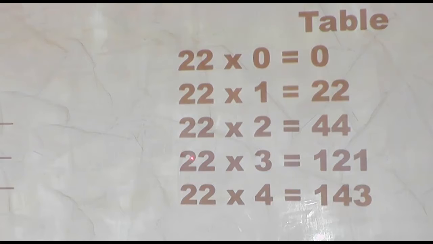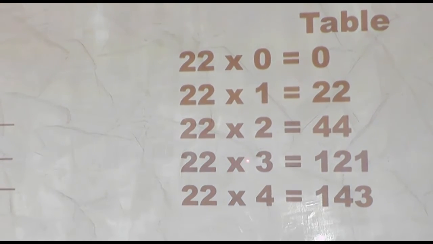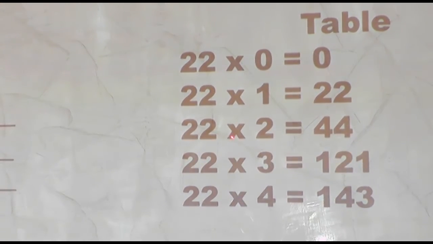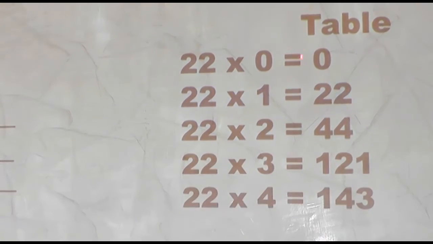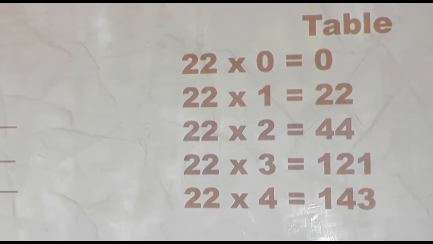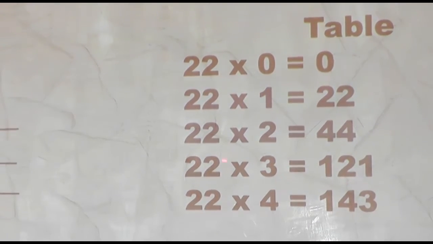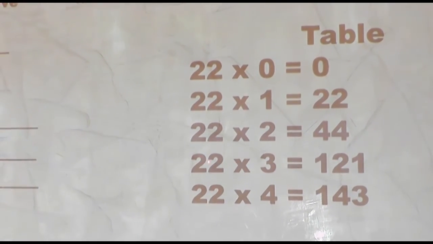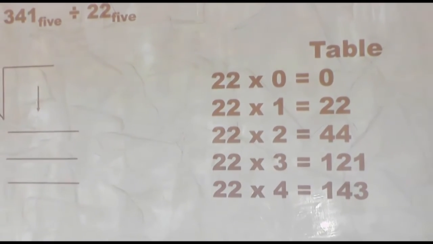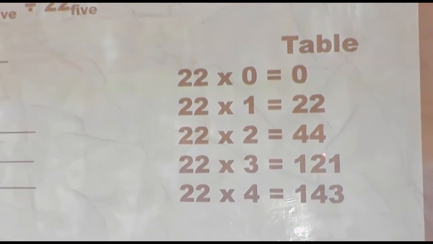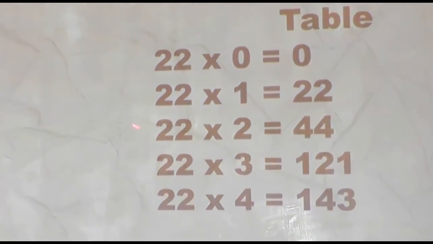Now we ask how many groups of 5 can we find in 6? We'll find 1 group of 5, then a remainder of 1. So we write the remainder, carry 1. Now 3 times 2, again we have 6, plus the 1 we carried, we'll have 7. And how many groups of 5 can we find in 7?